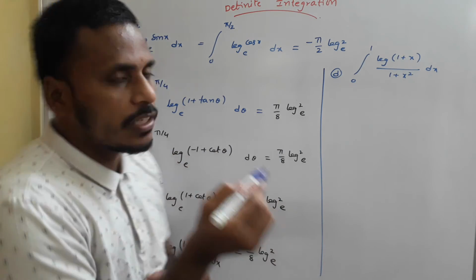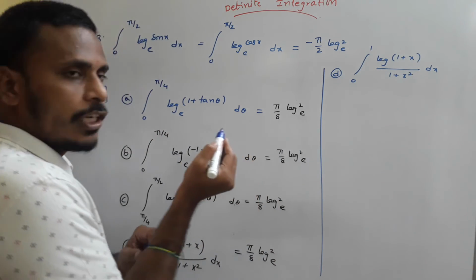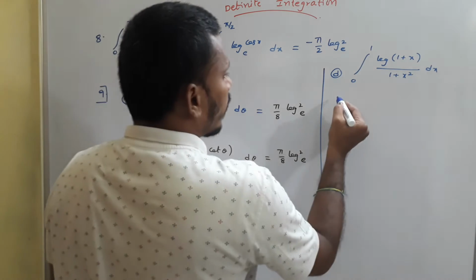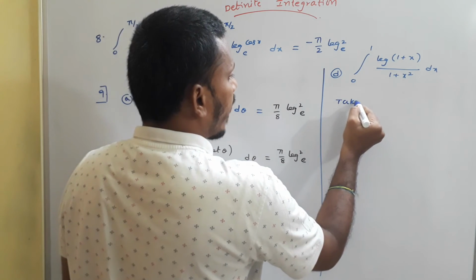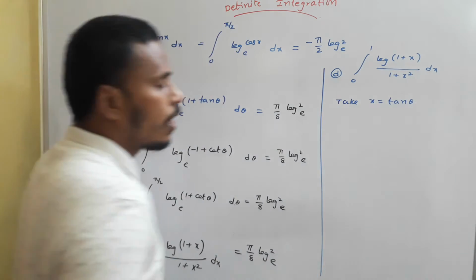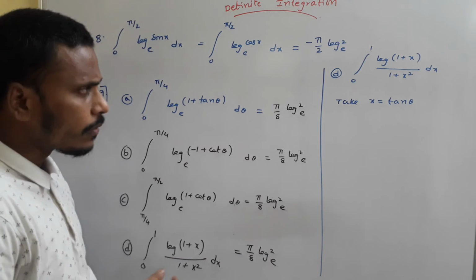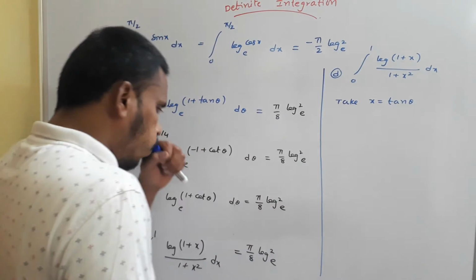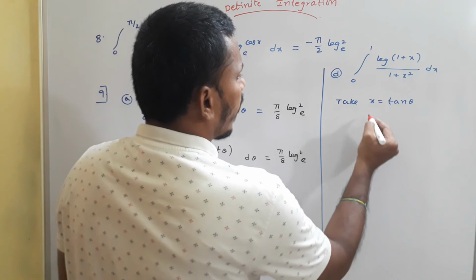Then to find this integral value we need to use this particular first formula, and for that you just take x is equal to tan theta. If x is equal to tan theta, what to say about dx and how to change the limits, everything we need to concentrate on.